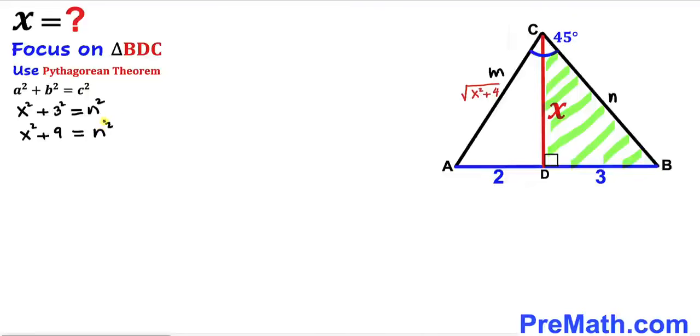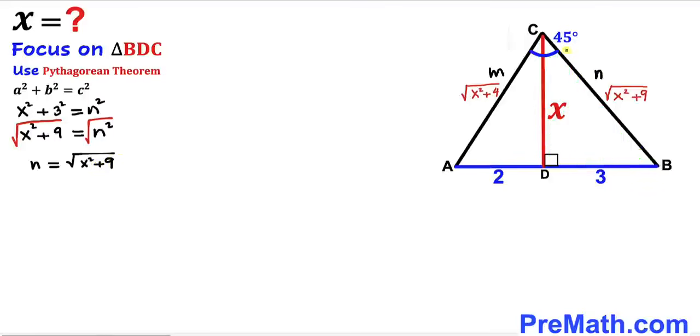Taking the square root on both sides, n equals square root of x square plus 9. Thus side BC is square root of x square plus 9.